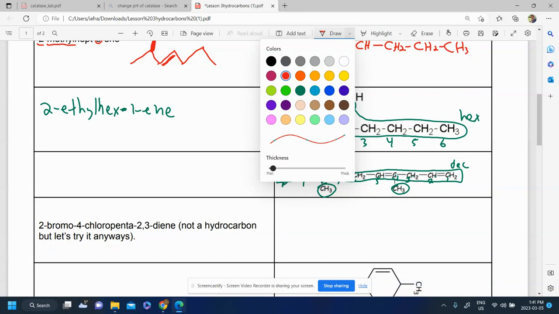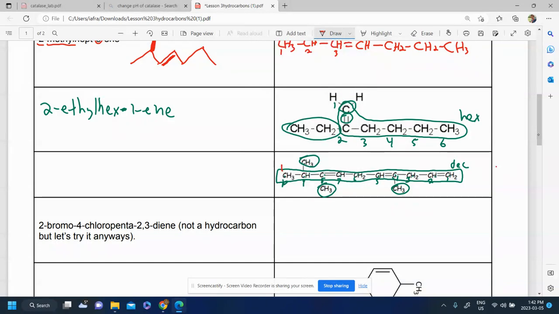And we can go the other way and do 1 through 10. And really, when it comes to a double bond, again, same idea. If you did green, you'd have your first double bond at 1. But if you did red, you'd have your first double bond at 3. So we know that the green one is the one that's going to win, not the red one. So counting from left to right will be the winner in this situation here.